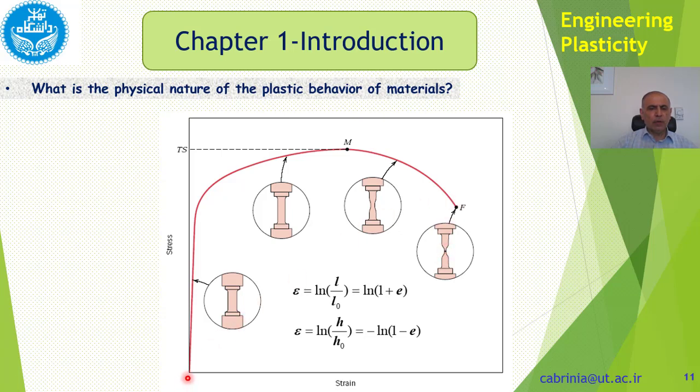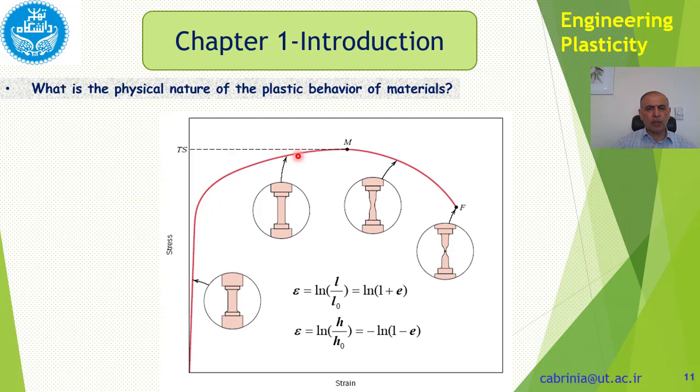Okay, so if we look at this behavior, we will see that we have a straight line here which shows the elastic behavior. In other words, for a certain amount of stress, we have a certain amount of strain. Stress and strain are proportional to each other up to some point, which we call the proportional limit.